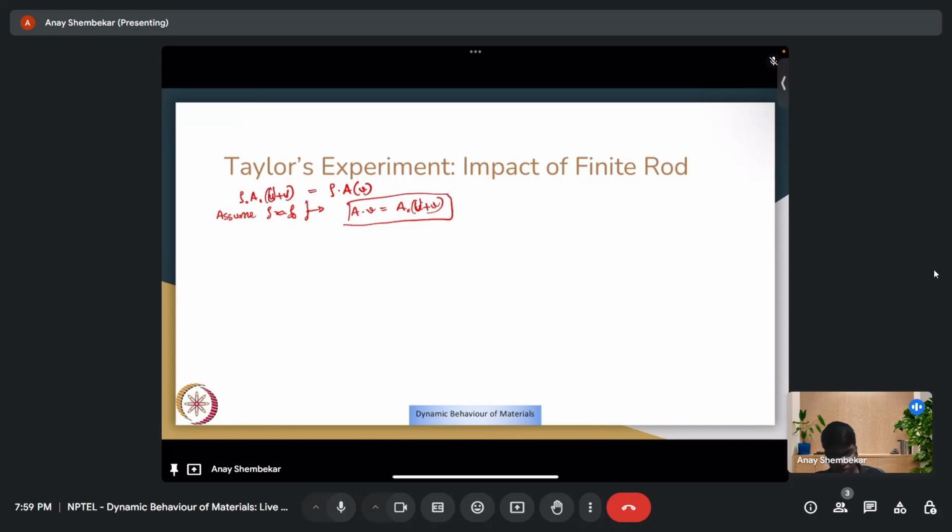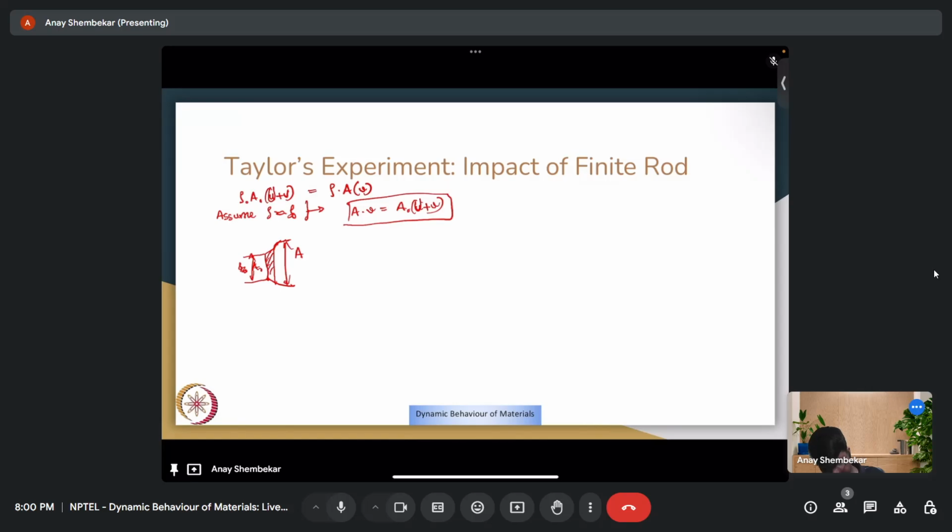Next, I'll draw a small section on the interface. So here you have area A, then area A naught, density is the same, rho naught and rho. This is the small section. I assume a constant area.